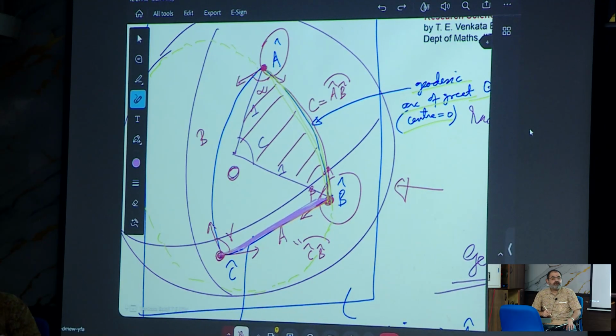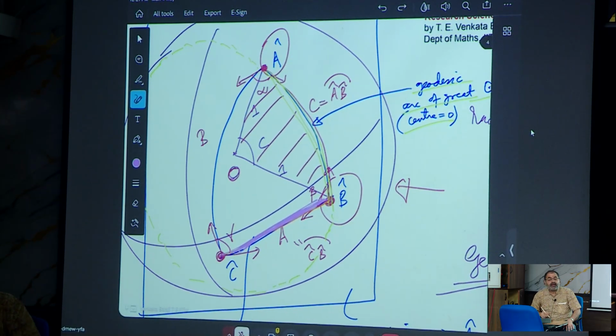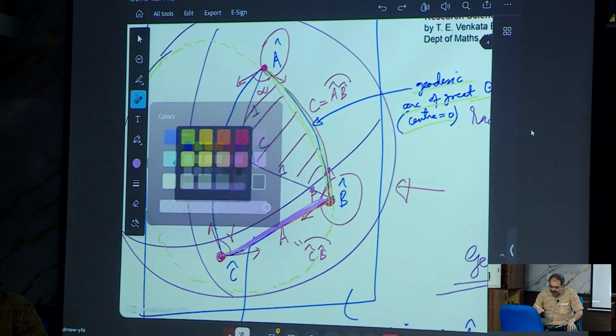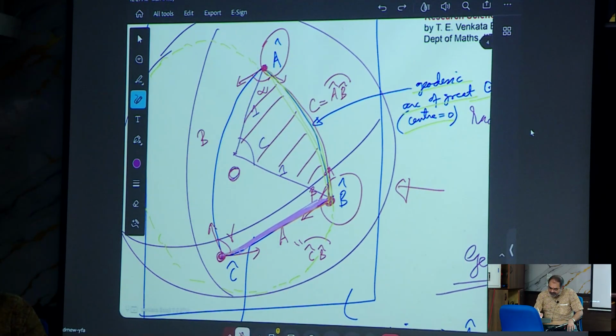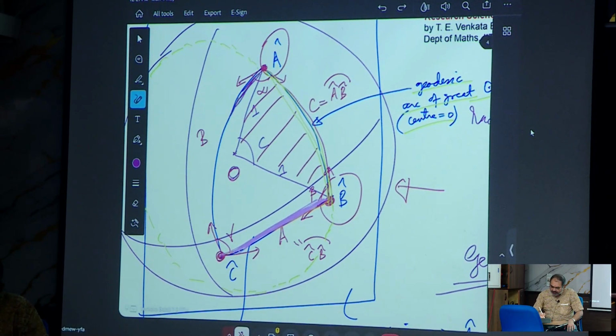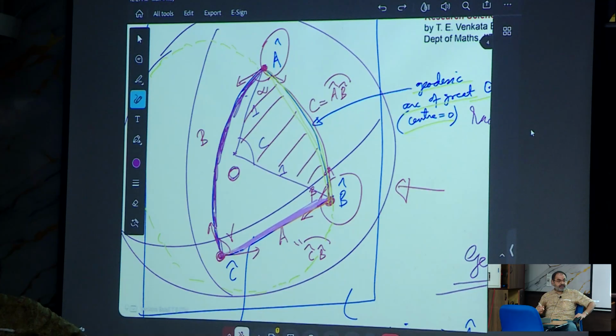This is the shorter arc of the great circle passing through B hat and C hat. And then from A hat to C hat, in violet, I have this purple thing, and that is the shorter arc of the great circle passing through A hat and C hat.